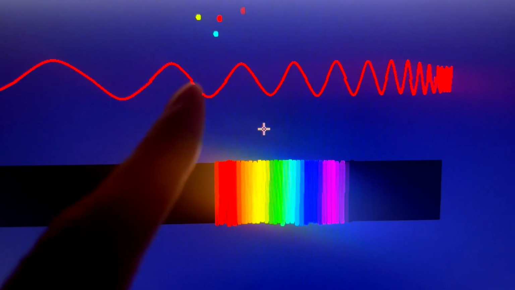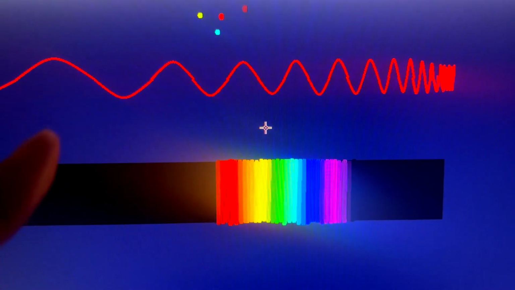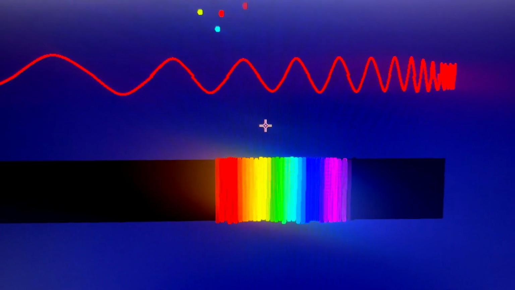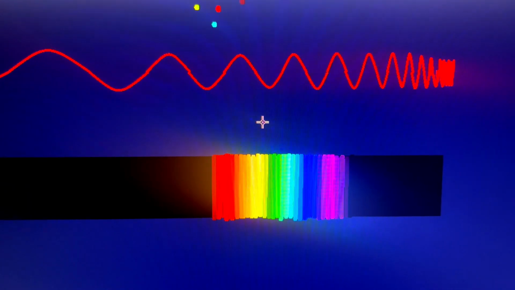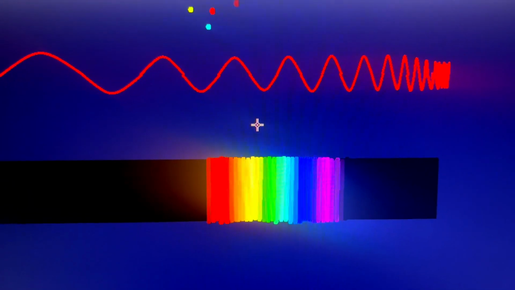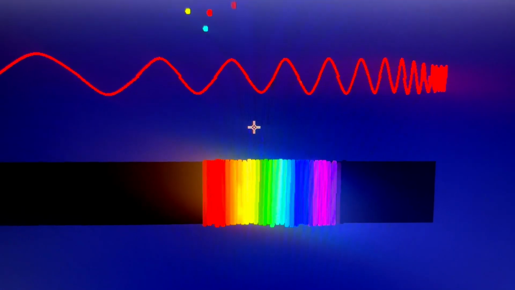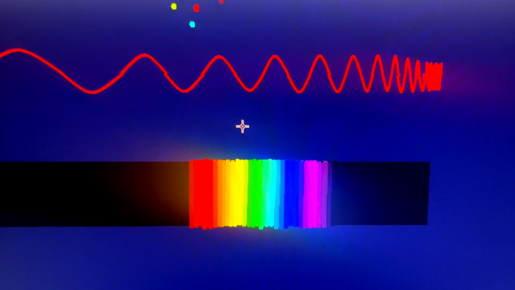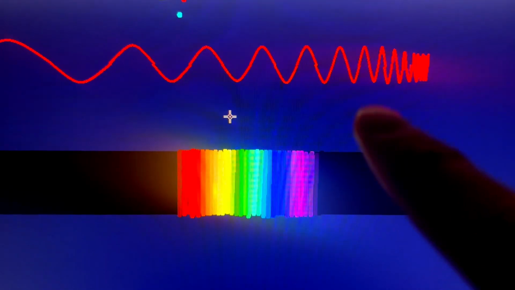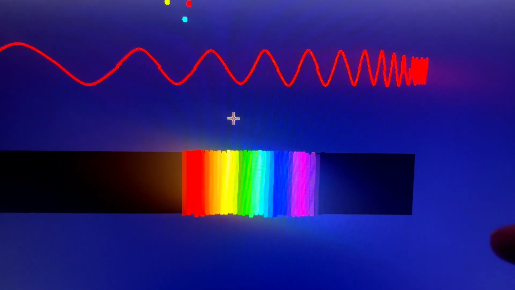And eventually when it gets so low, it becomes obviously to the point to where you can't see it anymore, and at that point it's infrared. And on the opposite side, once wavelengths get so high, you can no longer see it, and that's ultraviolet rays.